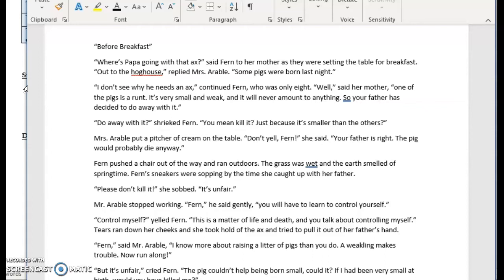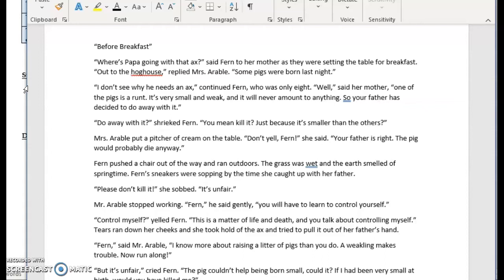Mrs. Arable put a pitcher of cream on the table. "Don't yell, Fern," she said. "Your father is right. The pig would probably die anyway." Fern pushed a chair out of the way and ran outdoors. The grass was wet and the earth smelled of springtime. Fern's sneakers were sopping by the time she caught up with her father. "Please don't kill it," she sobbed. "It's unfair." Mr. Arable stopped working.